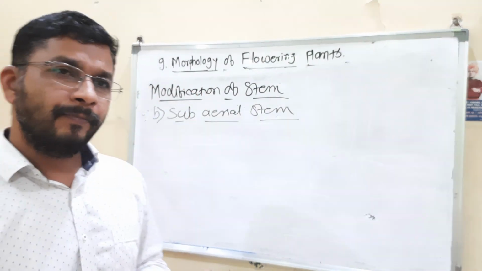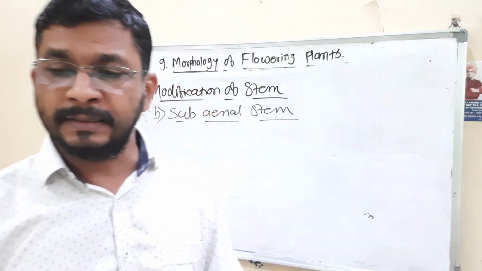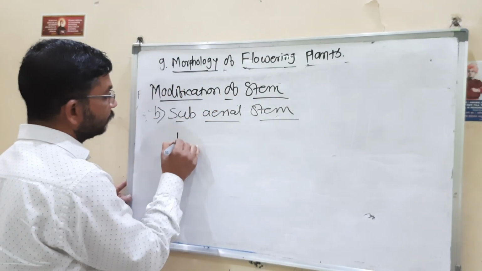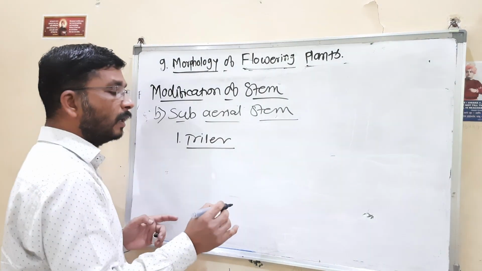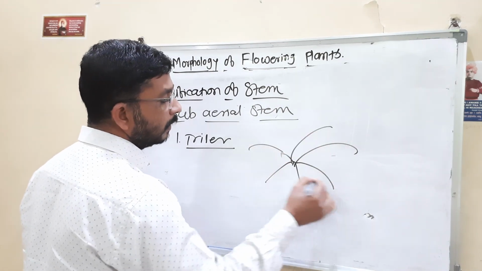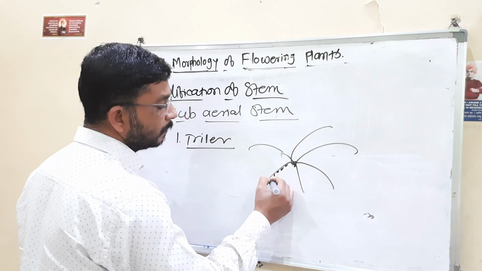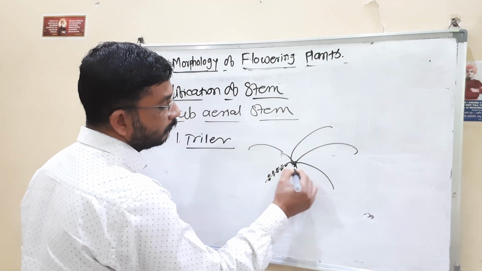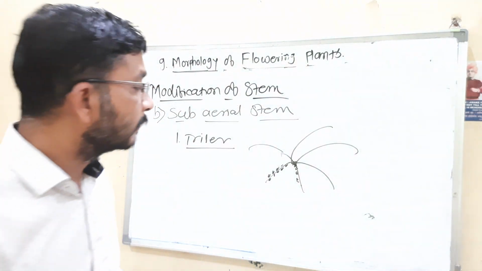That stem develops the aerial part, that is trailer. This trailer produces this kind of structure on the aerial part. Okay, a number of leaves are also present there, like this. This is the example of trailer.